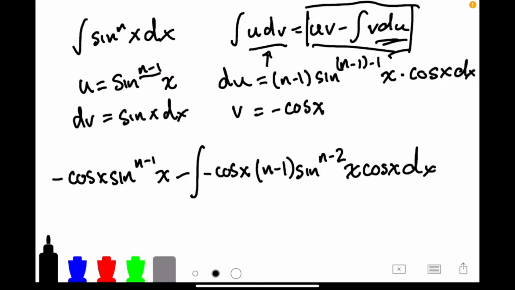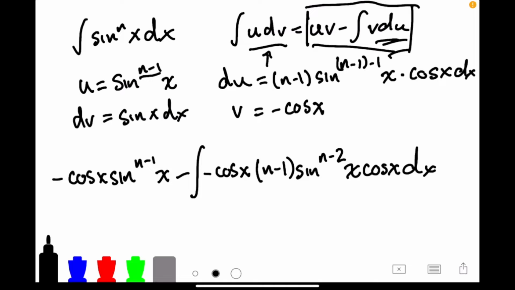We can then combine the cosine x's and distribute the n minus 1, it looks like. Oh, we can just take out the n minus 1 because n will always be an integer. n is not a variable. Or it is a variable, but only based off integers greater than 2.